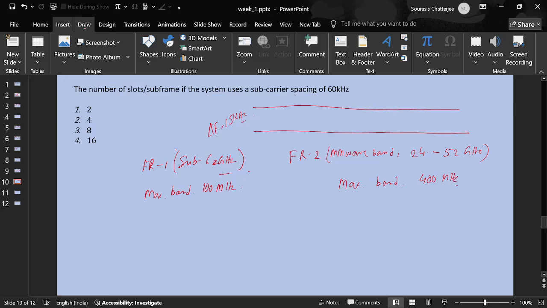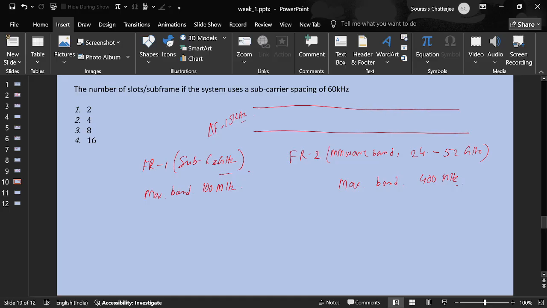So let's get a bit deviated. If I ask you to design a cellular system where I want to cover a lot of area served by one single base station, which frequency band are you going to choose? Sub 6. And why is that so?